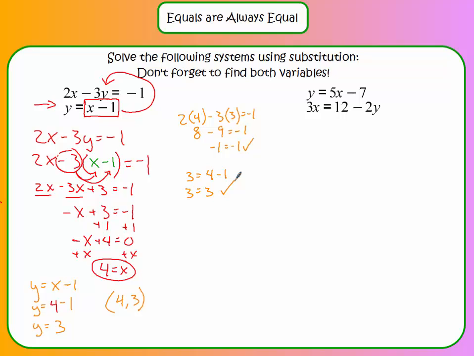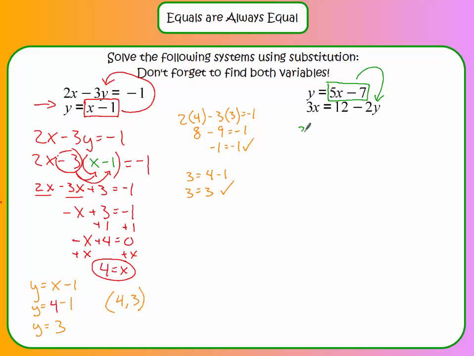All right, let's try another one here. So I have y equals 5x minus 7 and 3x equals 12 minus 2y. All right, well, this one's already set up on the top. It says y equals this. So why don't I take this and plug it in for y in the other equation.